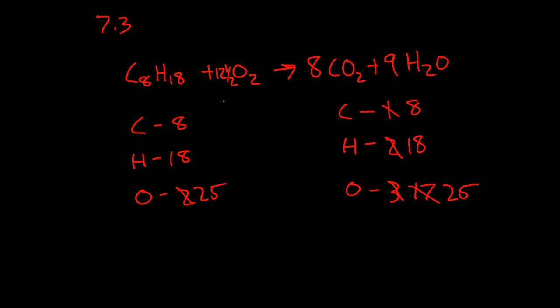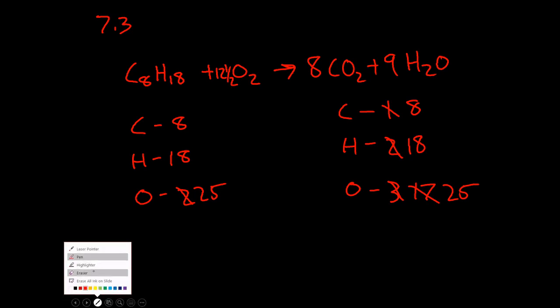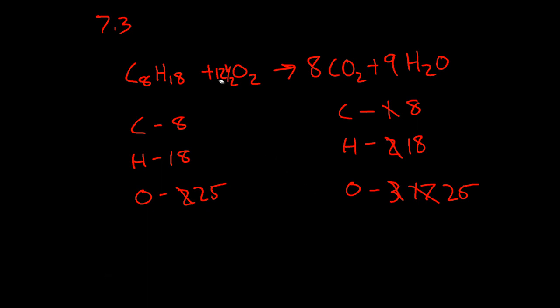And so what we're going to do is I'm going to get out my eraser here, get rid of that 12.5, 8 and 9, and write in 2, 25, 16, and 18. And that is going to double everything. Because again, I have to get rid of that half.